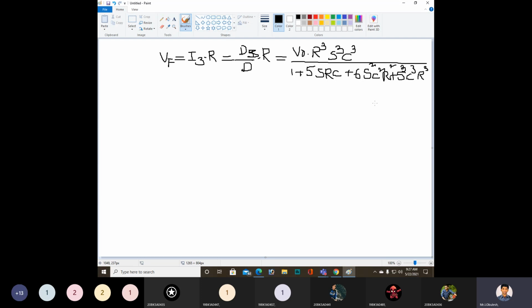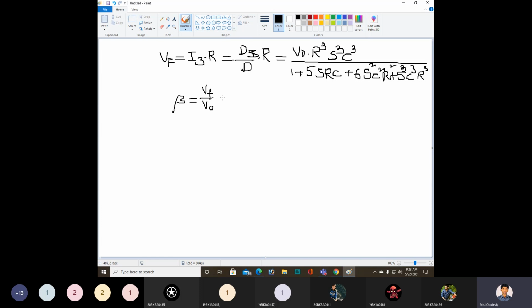Okay, so here, substituting the value of I3 in V0. In V0 you need to substitute the I3 value. Substitute I3 in V0, then we get the beta value, which is equal to Vf by V0.